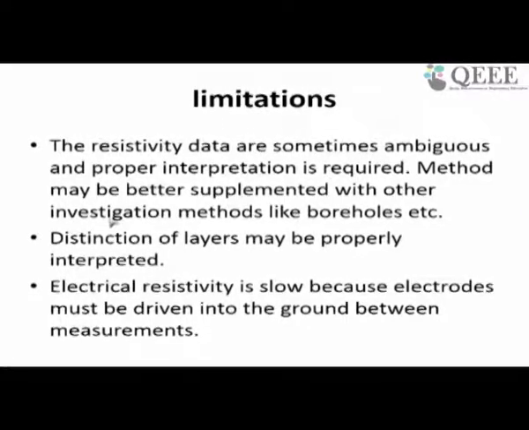Resistivity data may sometimes be a little ambiguous, and proper interpretation is a must, because two different materials sometimes may show a similar type of resistivity, and then you need to characterize it with caution. That's the reason why it can be supplemented with some other method of investigation as well.